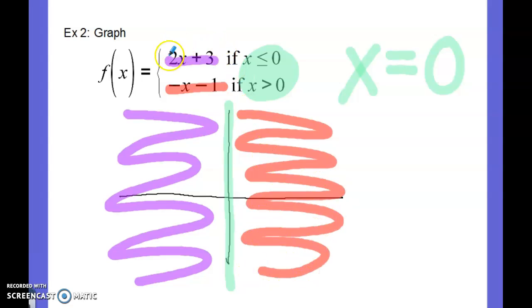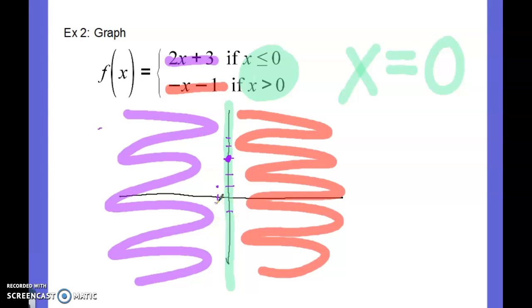So we only draw the linear function that's purple, to the left. Now traditionally we would go up to 3, so count up to 3. We would put a dot right there, and then we would count up to the right 1. Well, look, we're in the red part of that graph, so I don't want to go up and to the right. Well, what's the opposite of going up and to the right?